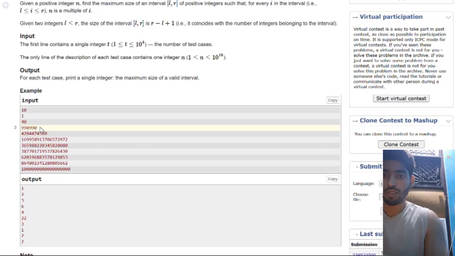So this will not be accepted, because t is 10 raised to the power 4 and n is 10 raised to the power 18. We want our solution to run in maybe 10 raised to the power 4.